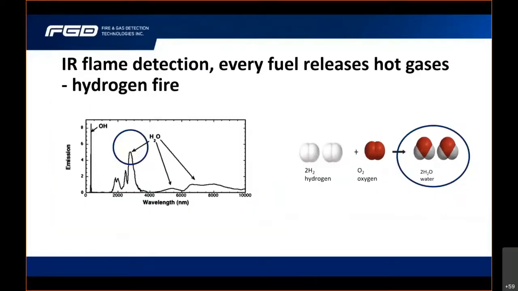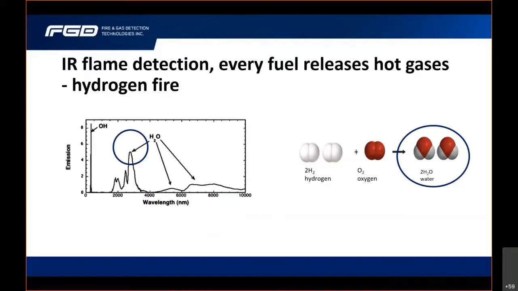But nowadays we've moved very much away from UV-based flame detectors for hydrogen fires, and we need to use a different wavelength. Typically, the manufacturers will work a little bit further back down into the infrared around about 2.7 microns. And here, when we look at the products of combustion, we can see that what we're trying to do is basically to detect water vapor.